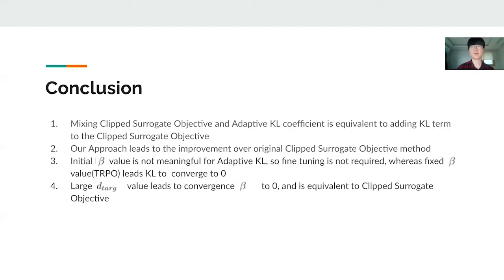We then inspected that our approach outperforms the original algorithm. Also, we claim two observations on the hyperparameters. One is that our method does not require fine-tuning on the initial beta value, unlike fixed KL penalty. The other is that the target KL value should be sufficiently small or it converges to clipped surrogate.